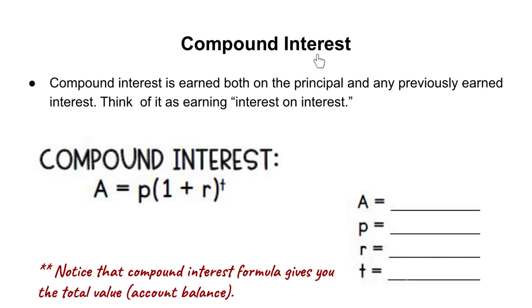Now compound interest. Compound interest is earned both on the principal and any previously earned interest. I want you to think of it as earning interest on interest. So the formula for compound interest is account balance equals principal times the sum of 1 plus the rate to the time as an exponent.